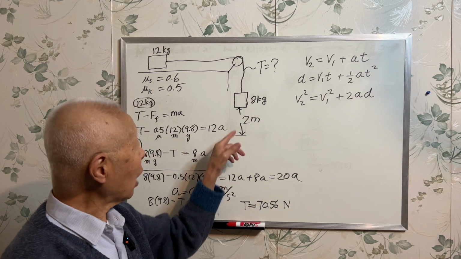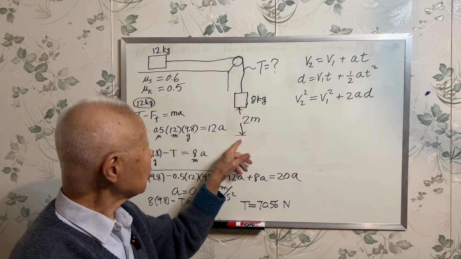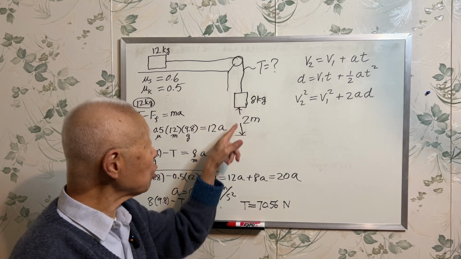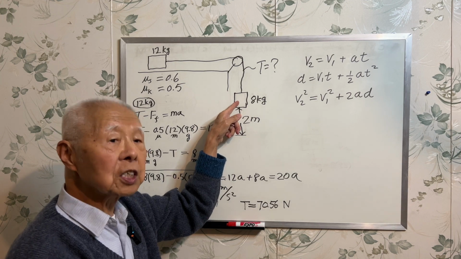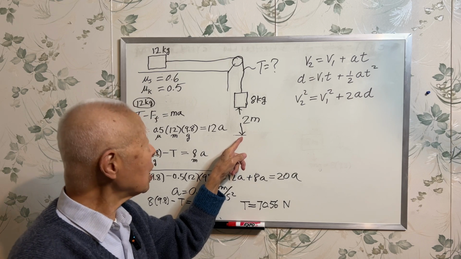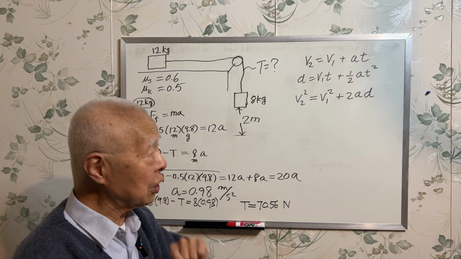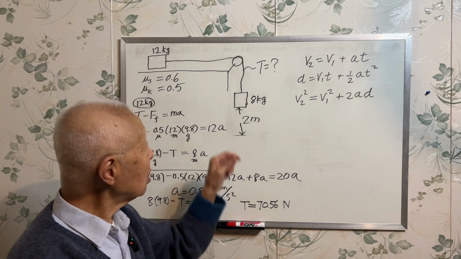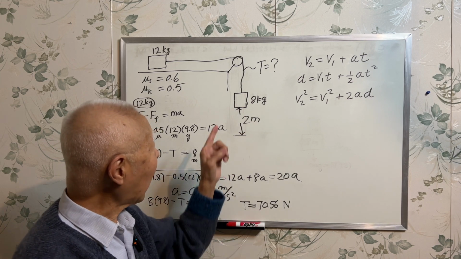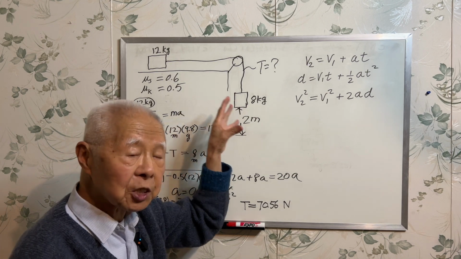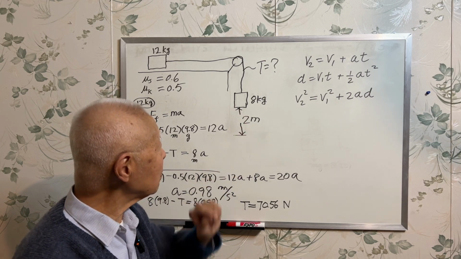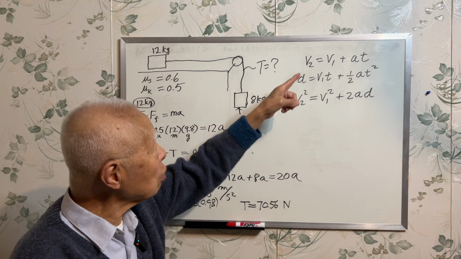In this case, I want to find v. This is the final velocity, which is called v2, because this moves from here to here. The velocity here is v1. The velocity here is v2. We want to find the velocity when it hits the ground, so we want to find v2.